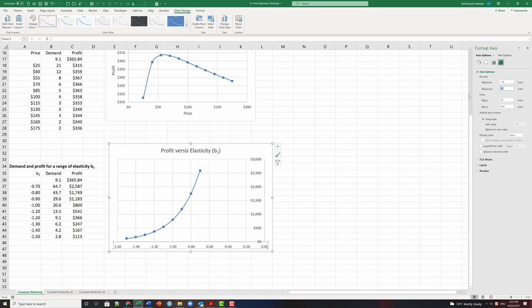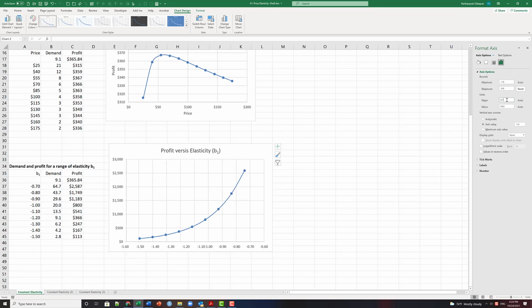So minimum and maximum is that. And then for the vertical axis crossing, you select that and put minus 1.6. So that one goes there. And this should be minus 0.6.